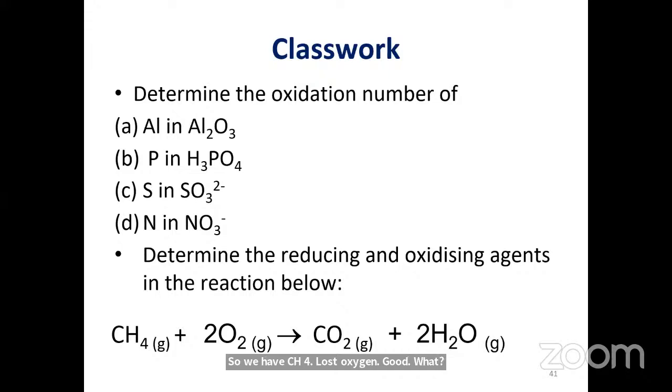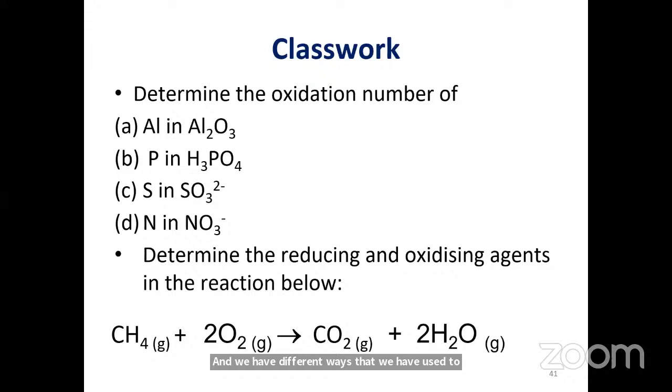If you remember, we said the reducing agent is the one that is oxidized. The oxidizing agent is the one that is reduced. And we have different ways that we have used to highlight or define oxidation and reduction.